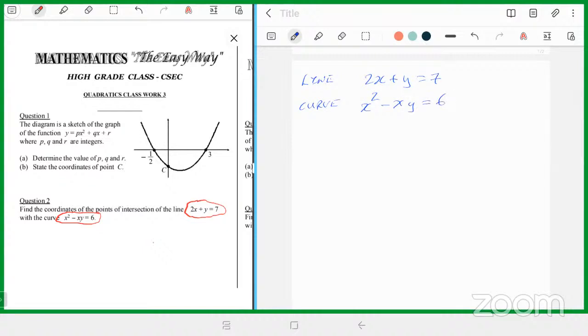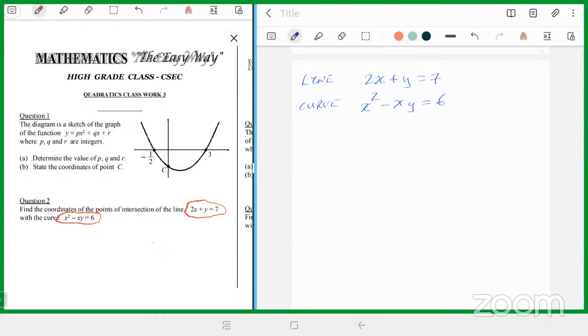Now, this comes under the quadratics topic because we're talking about a situation where you have a line and a curve, and the possibility exists that the line will intersect the curve at 2 points. Now, you can have lines and curves where there are more than 2 points of intersection. Right?